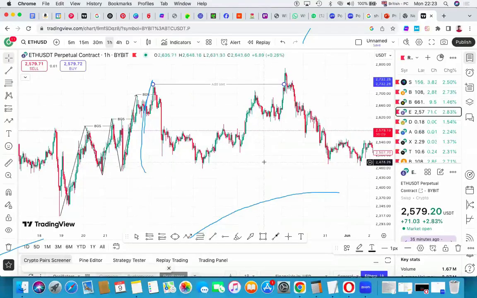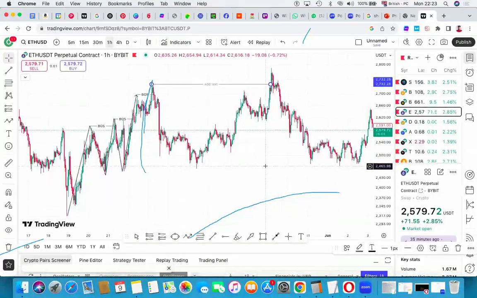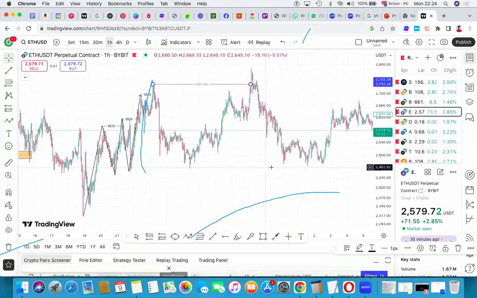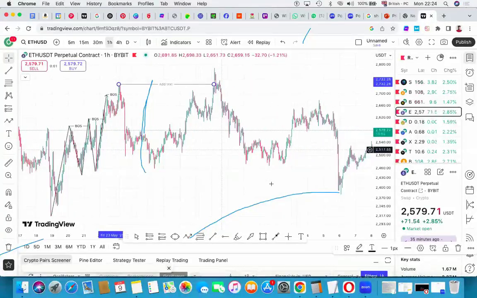Before we had this, market also continues to range around here. So we are still, yeah, this is where actually the main change happened.